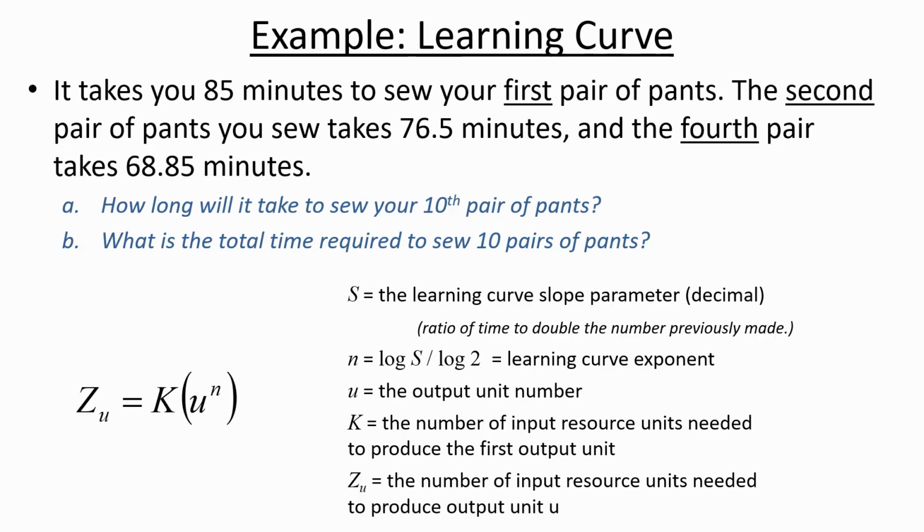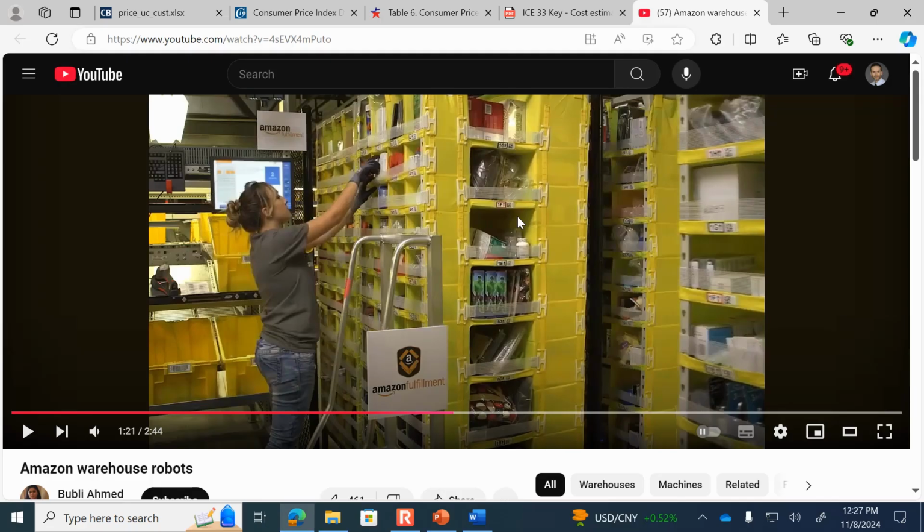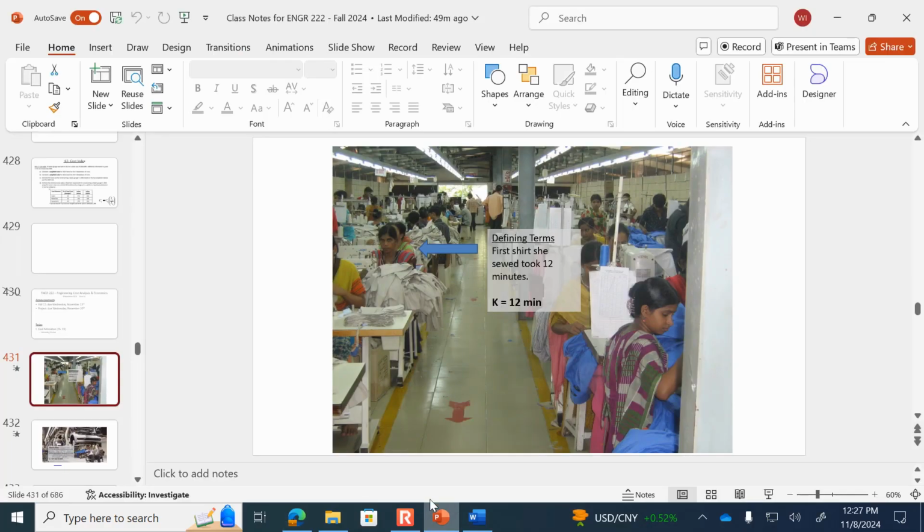And so n for this is going to be negative 0.1520. And then once n is defined, we can substitute it into the formula. Let me show you. It's probably on the next slide if I remember.